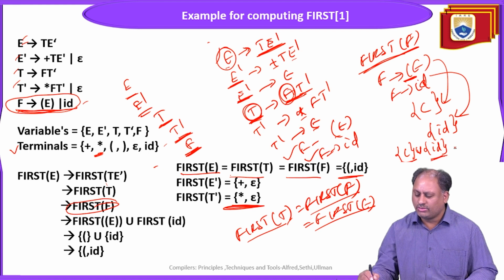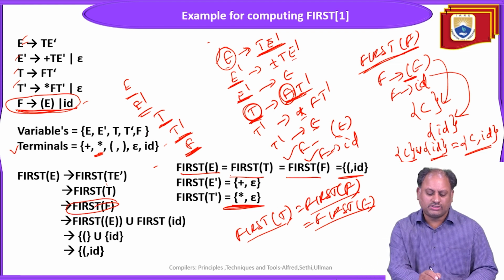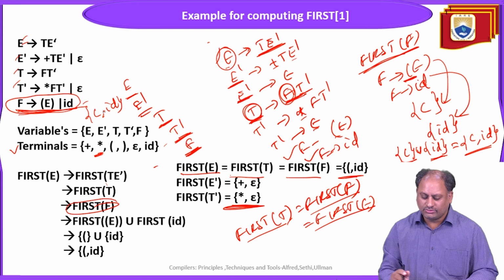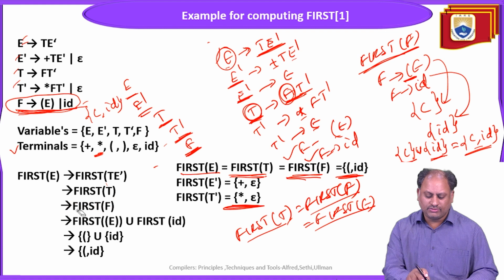Both results are combined, so we can write them as left parenthesis, id. That is the same as the previous computation: first of F, which is the same as first of T and first of E.